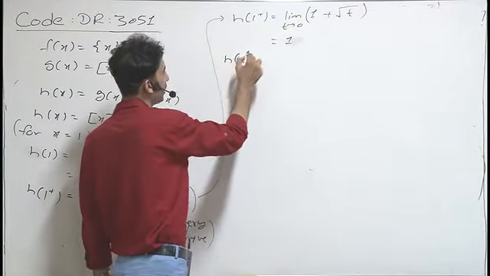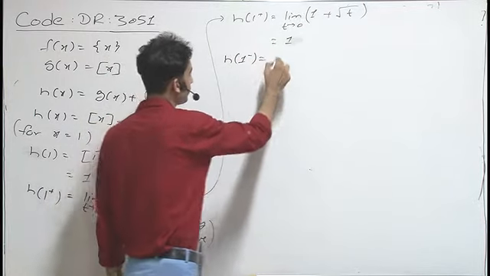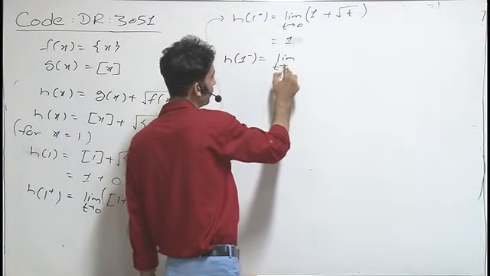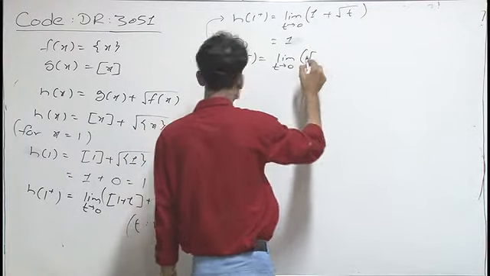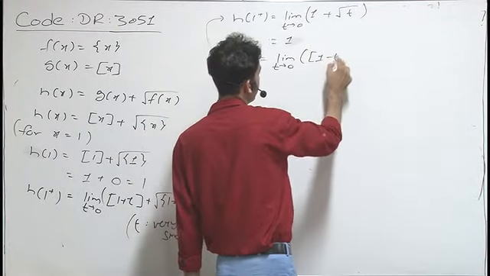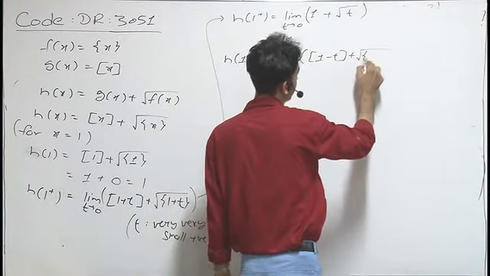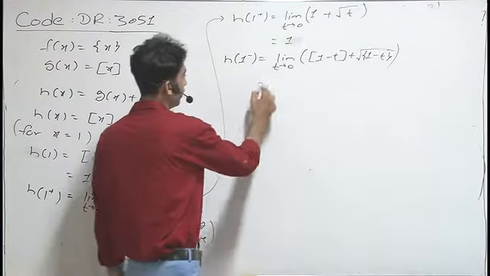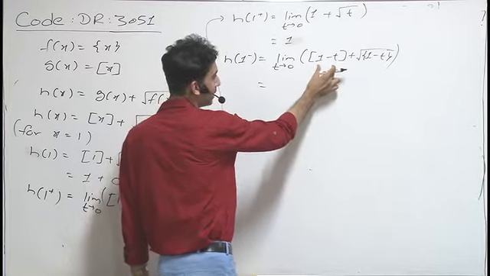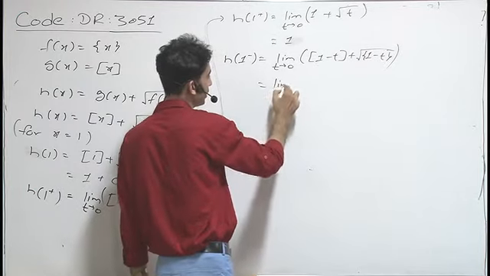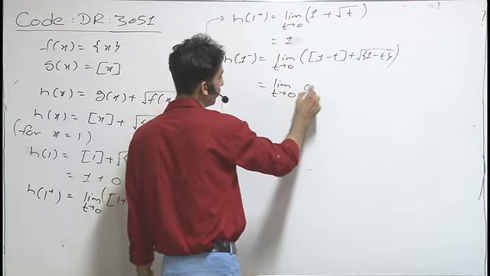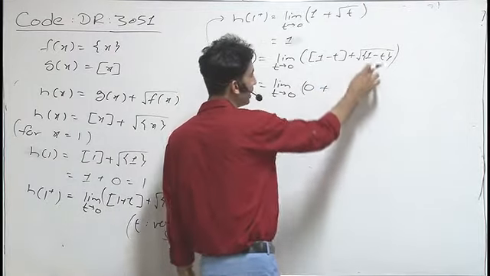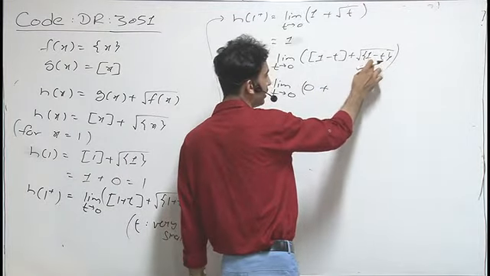For the left hand limit, h1 minus, limit t tending to 0, box of 1 minus t plus fractional part of 1 minus t. This number is slightly less than 1, it means the box gives us result 0. And this number is also slightly less than 1 but greater than 0.